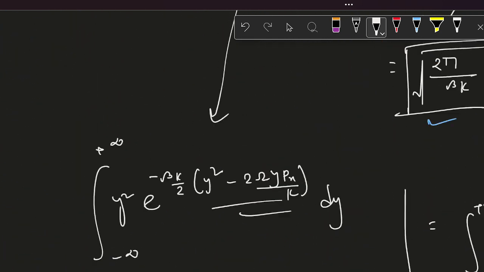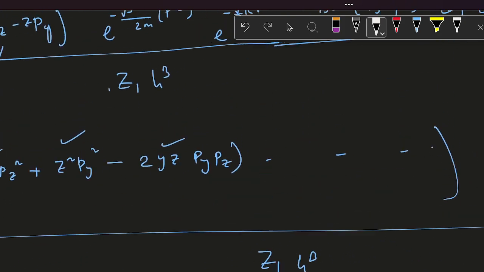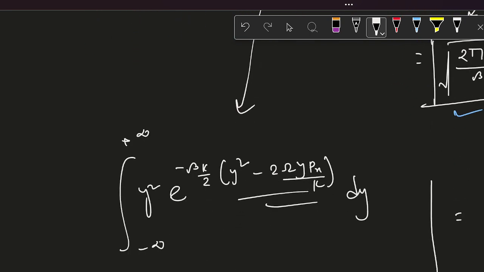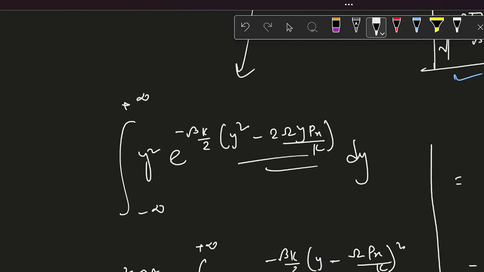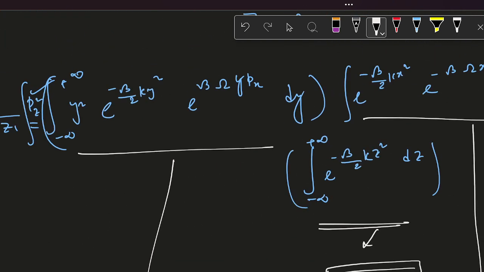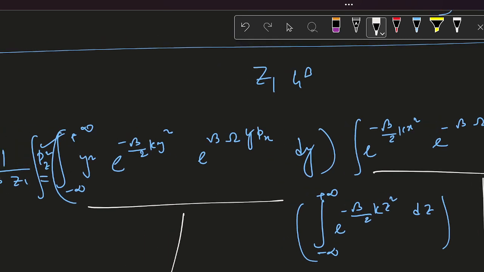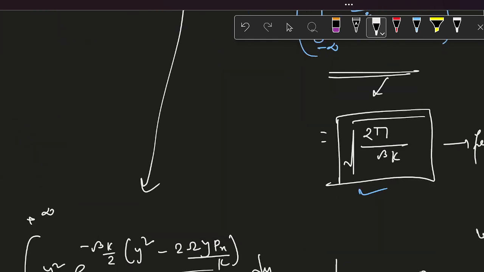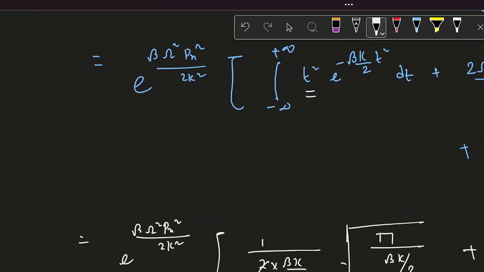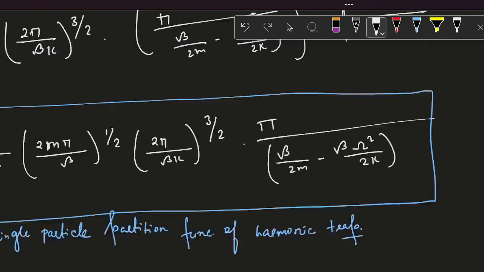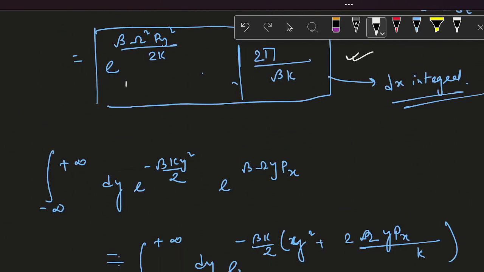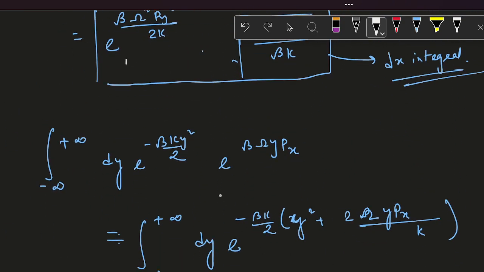Yes, this kind of integral will be the same as this.